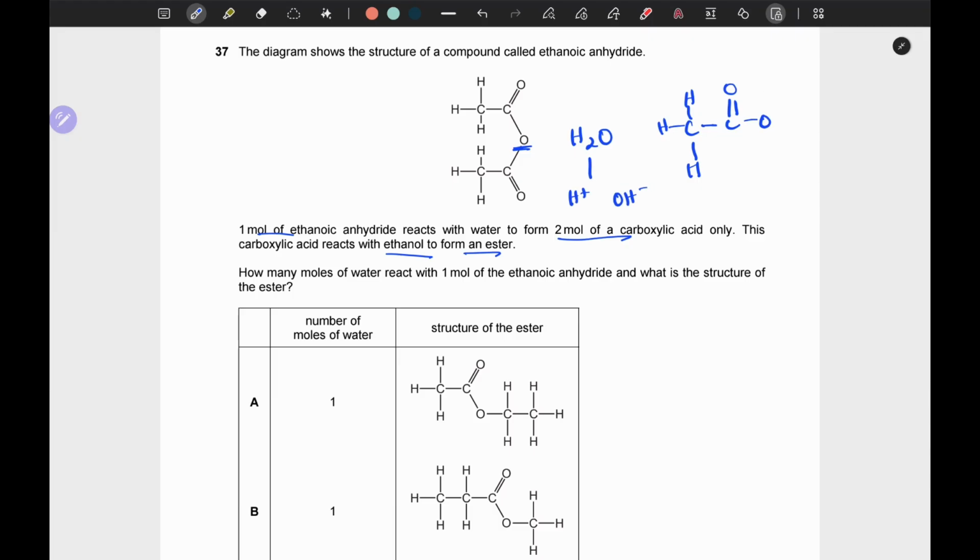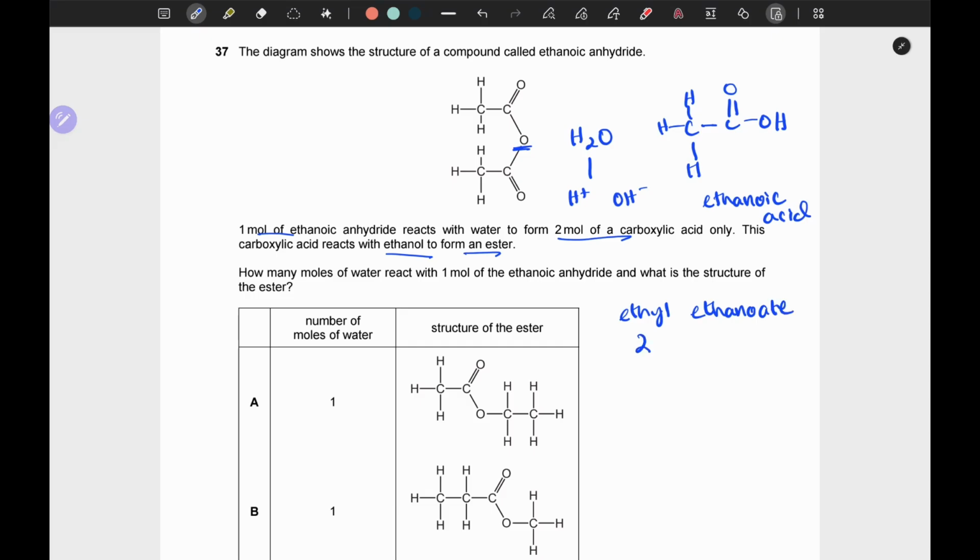So the one that takes the oxygen gets the H, and the other one that lost the oxygen gains the OH. So at the end of the day, both of them form ethanoic acid. So ethanoic acid is produced when water is added, and then this ethanoic acid reacts with ethanol to form an ester.